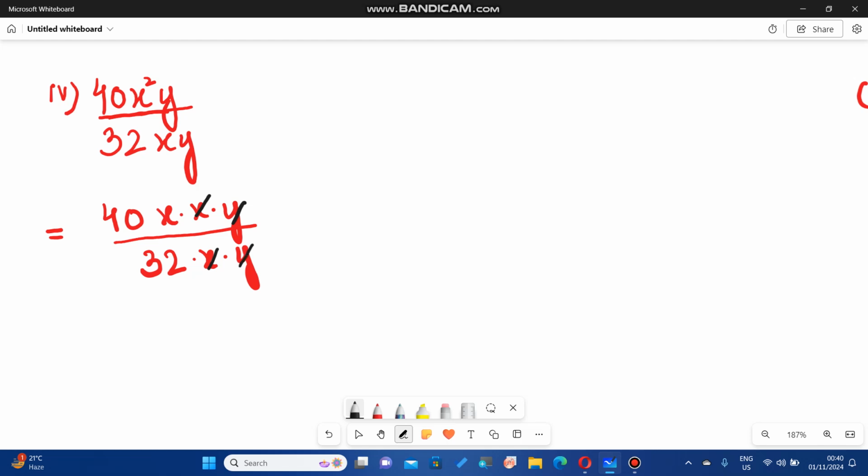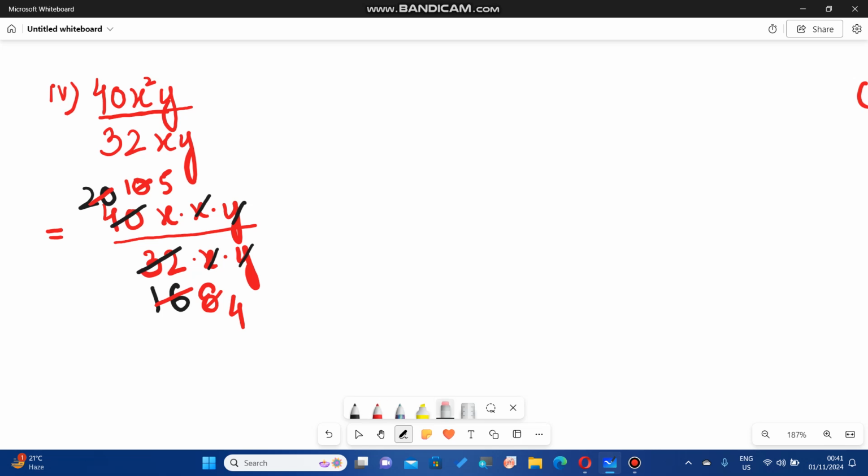Then we are left with 40 divided by 32. We can cancel it out by 2. 2 times 20 equals 40 and 2 times 16 equals 32. We can further cancel it. 2 times 8 equals 16 and 2 times 10 equals 20. 2 times 4 equals 8 and 2 times 5 equals 10.